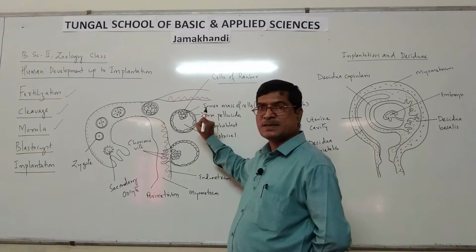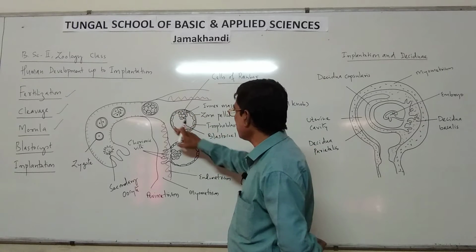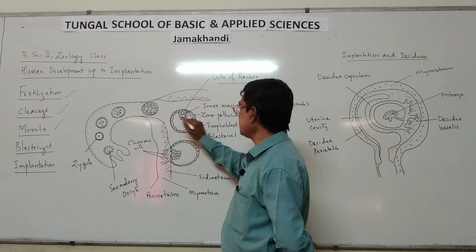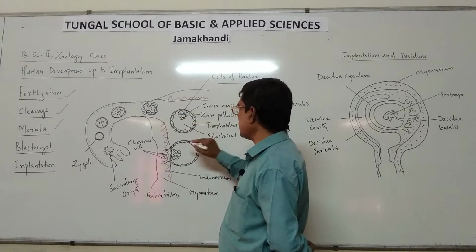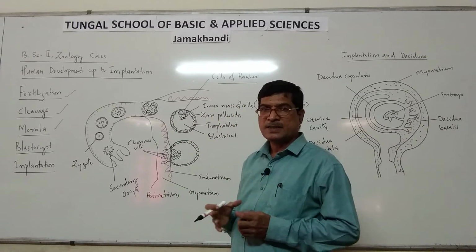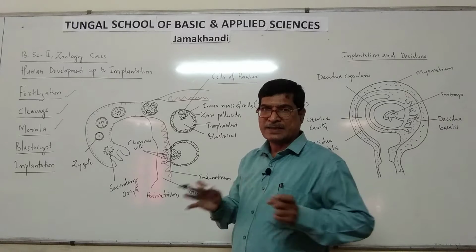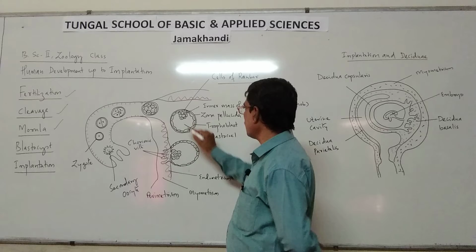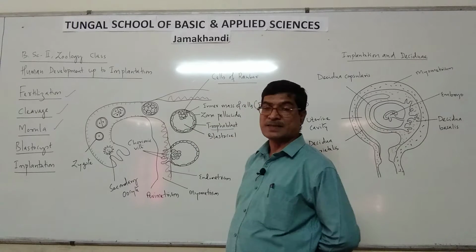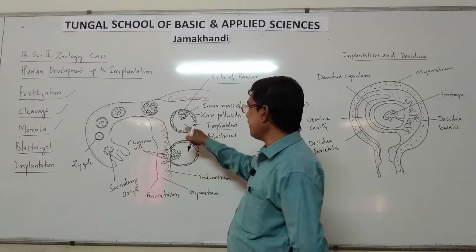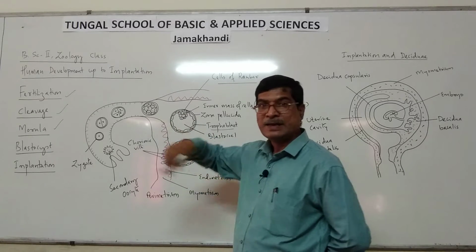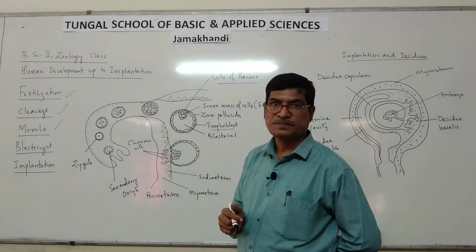This milk is sucked by the peripheral cells of the morula. As a result, they are larger, bigger in size, and they are getting flattened. So these cells are known as trophoblast cells. And at the center, the cavity is formed due to the accumulation of fluid secreted by the surrounding trophoblast cells.